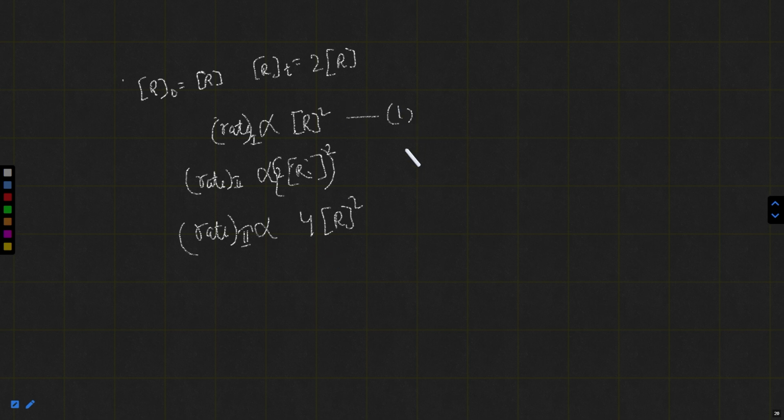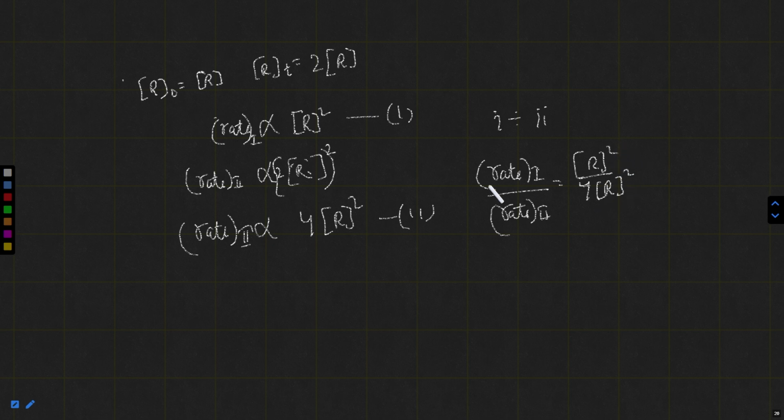Suppose this is the first equation, this is the second equation. Now I'm just dividing 1 by 2, which will give you rate 1 by rate 2 equal to R square by 4R square.